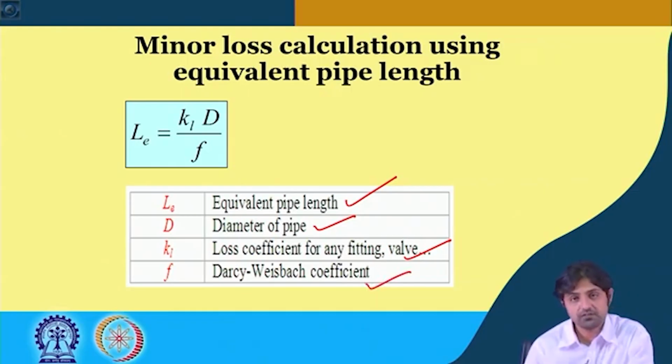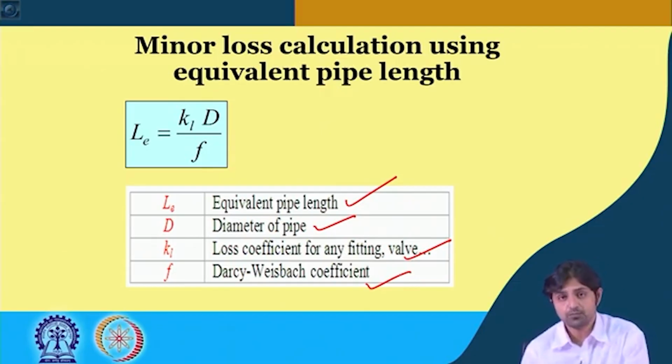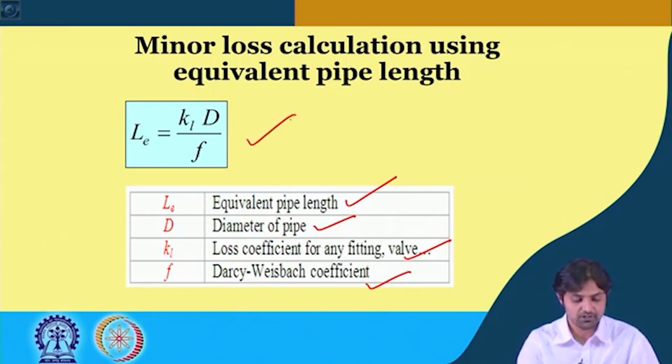For example, there are several pipes connected in either series or parallel or a combination of those, and somebody asks you to calculate the equivalent pipe length. If there was one single equivalent pipe, with the equivalent pipe diameter, what would be the effective pipe length? So, you can use this formula.